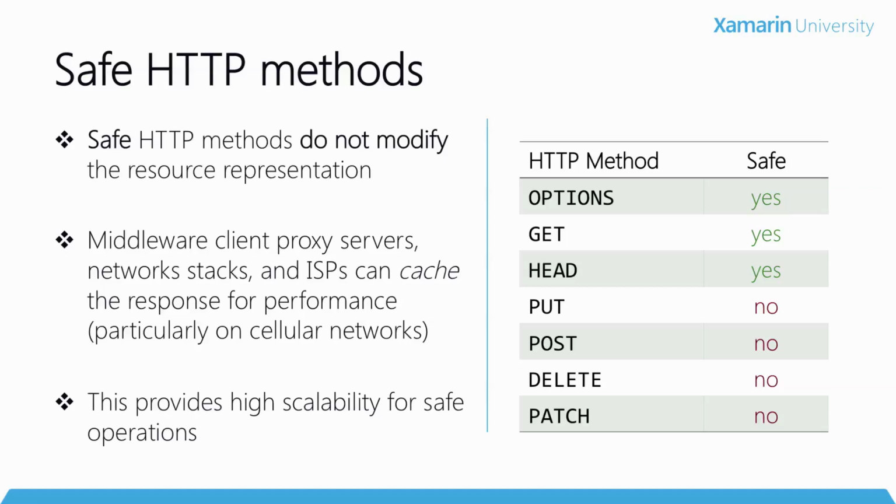Because the verb is safe and the data will never change as a result of the call, the response can be cached. This caching can occur on a middleware client, on a proxy server, on the browser stack itself, or on your ISP servers, or on the remote server. And this dramatically increases the performance and the scalability of the services themselves.